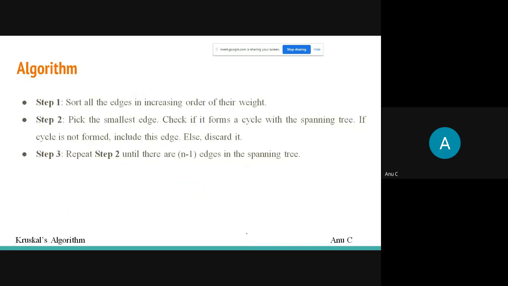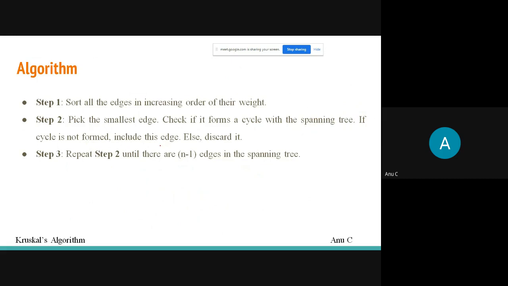And this is the algorithm we already discussed. The first step, sort all the edges in increasing order of the weight. And the second step, pick the smallest edge. Check if it forms a cycle with this spanning tree. If a cycle is not formed, include this edge, else discard it.